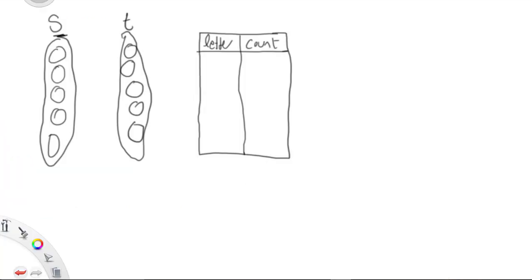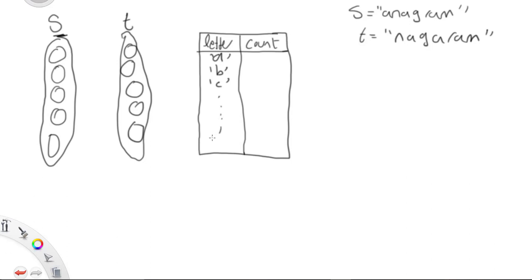So what can we do about that? Well, one way is, let's say S is "anagram", and T is "nagaram". I'm going to put the letter A here, the letter B here, the letter C here, and all the way to the letter Z here.